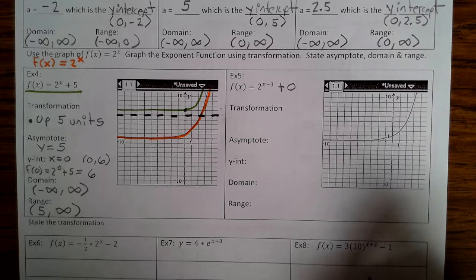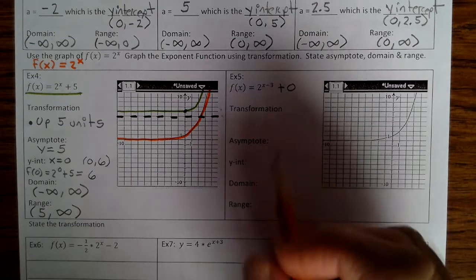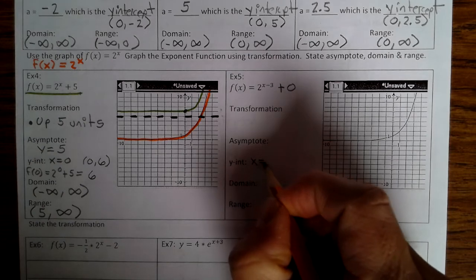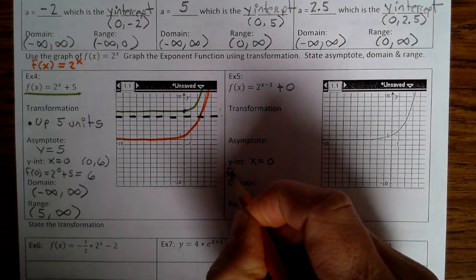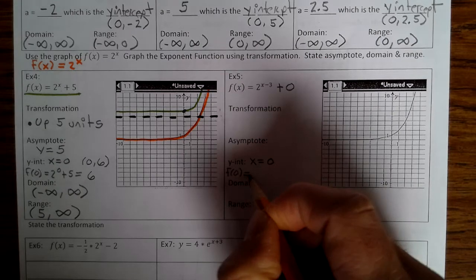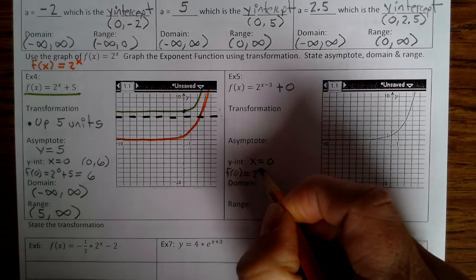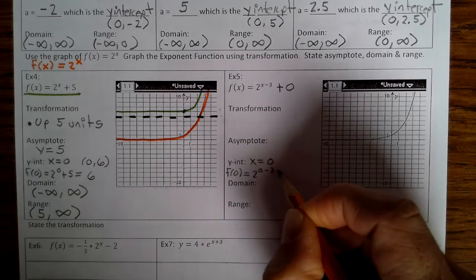To find that, that's when x equals 0. So f(0) = 2^(0 - 3) + 0. And at this point, we're going to need an Inspire, so let's use that.